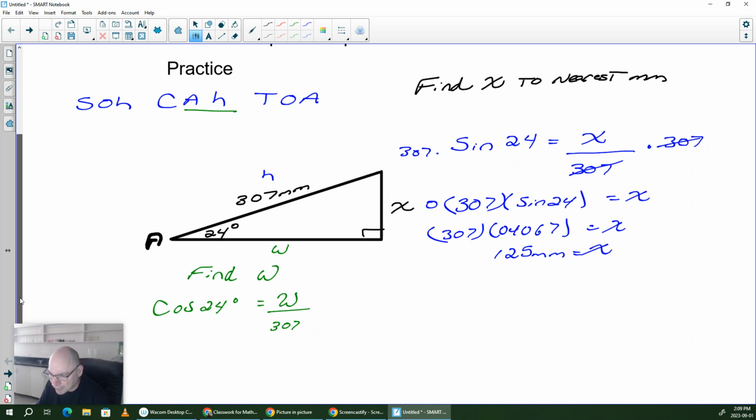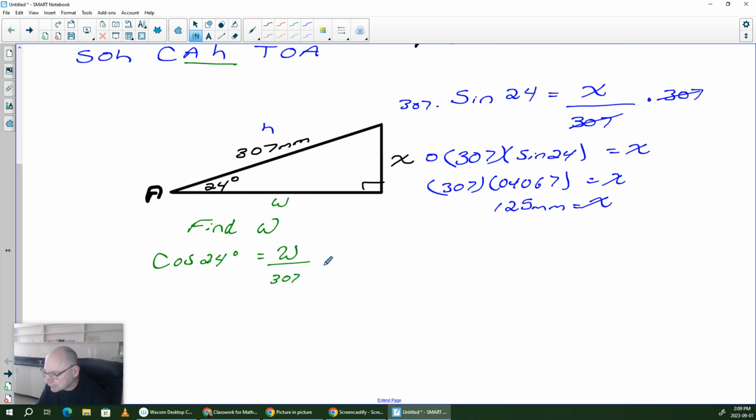If we wanted to find that one, we're going to do the same thing we did over here, except we're going to be using a different ratio because we're trying a different side. So we're still multiplying by 307, but it's going to be cosine. 307 times the cosine of 24. The cosine of 24 is 0.9135.